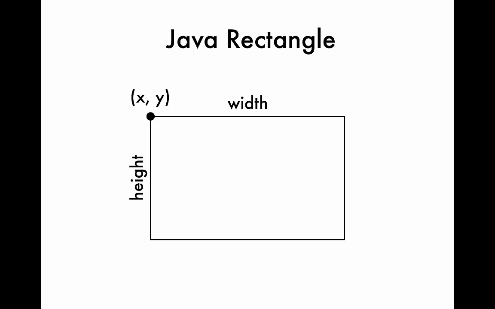Also, unlike normal Cartesian coordinates, the values on the y-axis get larger as you go down. So the bottom left point of this rectangle has a larger y value than the top left point.